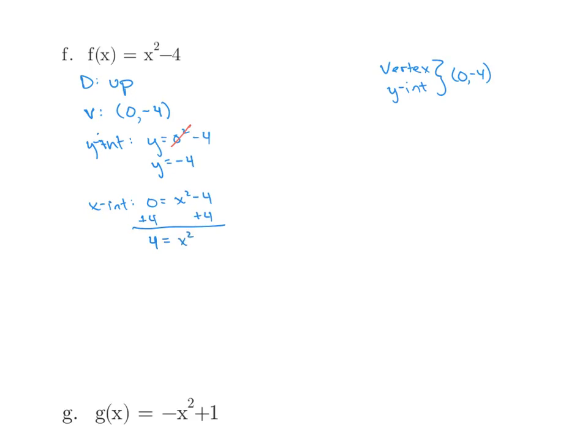We get x squared equals 4. Now if I take the square root, I do need to include plus and minus with my 2. So my x-intercepts are (2, 0) and (-2, 0).